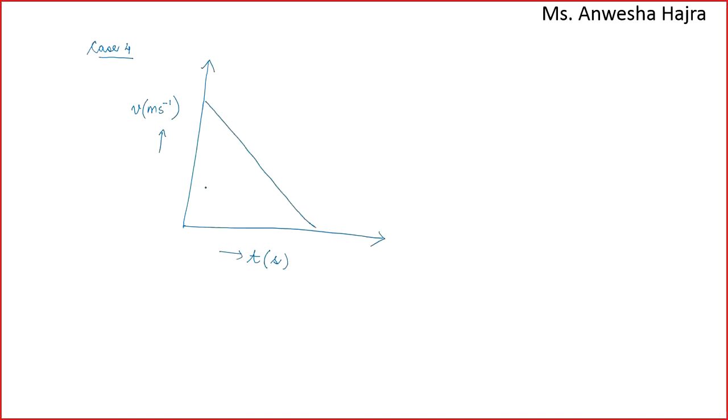If you have a graph like this, that means with time the velocity is decreasing. So here we can say there is retardation. Velocity is decreasing. Retardation means negative acceleration.